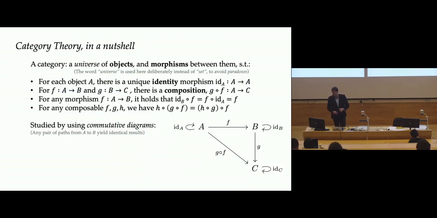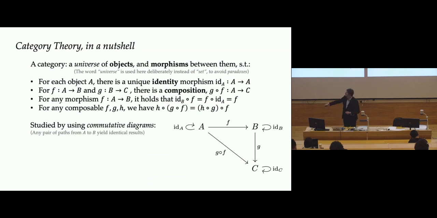Okay, so now let's jump into what is a category. Simply put, as a first intuition tool to look at these things, you can think of categories as basically directed graphs. So they consist of a universe of objects. Objects are these nodes over here, A, B, and C. And you also have a collection of morphisms between them, so these arrows connecting different objects together.